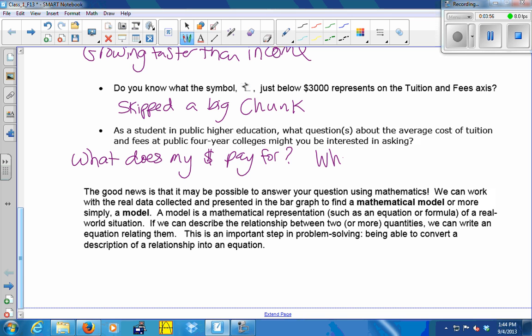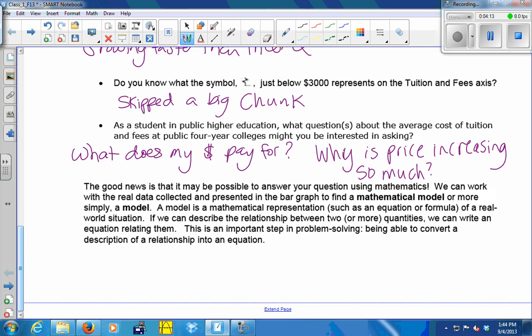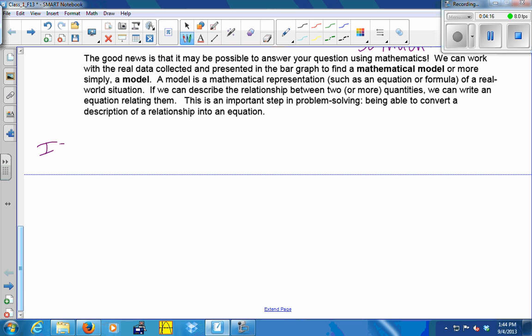Right. Why is the price increasing so much? Yes. Is financial aid also increasing?